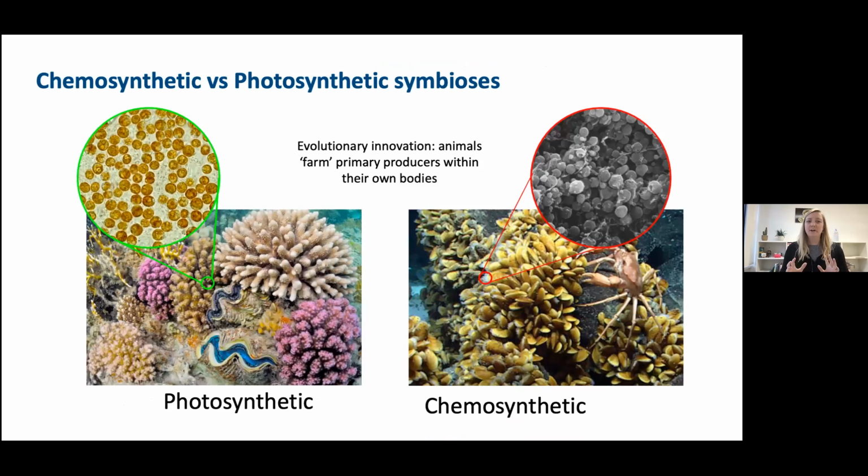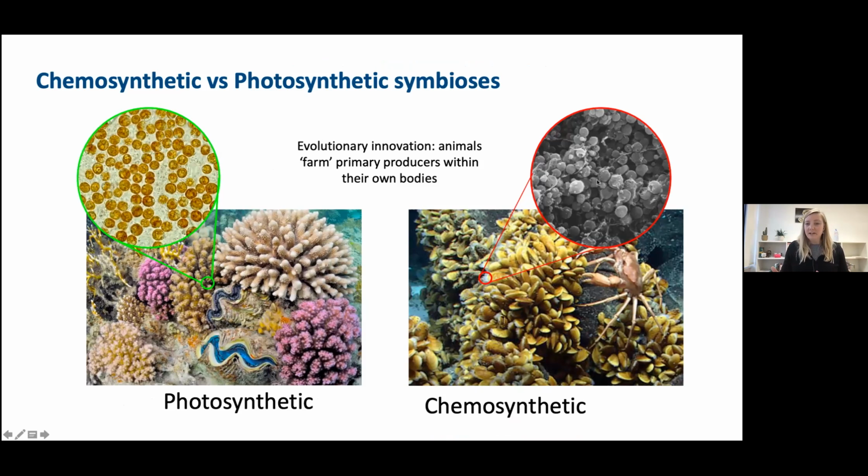So in the same way that in a photosynthetic symbiosis, the host does primary production using the energy it gains from sunlight. In chemosynthetic symbioses, here's an example from the deep sea in a mussel called Bathymodiolus. If you zoom in and you could look into the tissues of these animals, you'd see that they're packed with chemosynthetic bacteria.